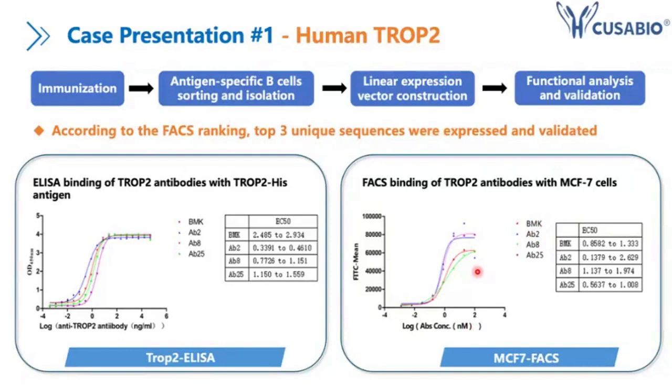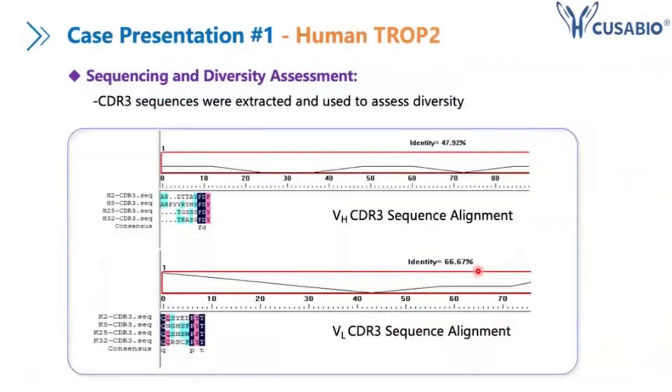I know that our customers not only care about the affinity, but may also care about the diversity of the antibody, right? So here, we use the CDR3 to assess the diversity. The CDR regions are on the heavy chain and the light chain, and usually we have CDR1, 2, and 3.